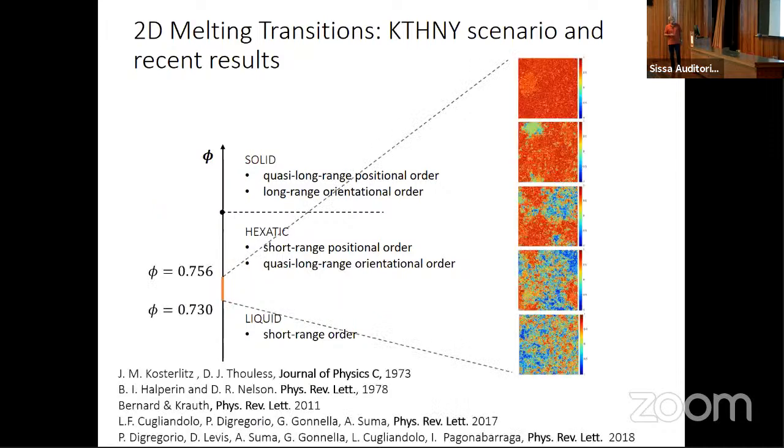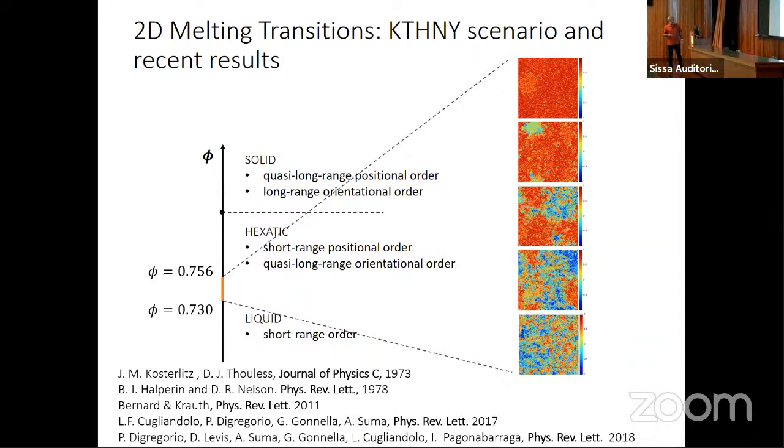Only in very recent years the group, a French-German group by Bernard and Krauth, clarified the following fact: that the first transition between the solid and the exotic phase was actually a Kosterlitz-Thouless transition, while from the exotic to the liquid, what you find in simulation was a coexistence region between the exotic phase with higher density and the liquid phase with a lower density.